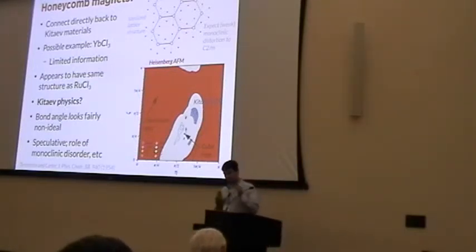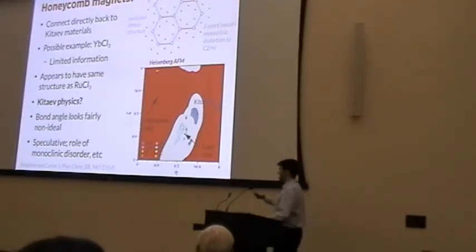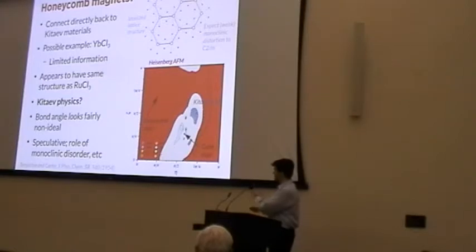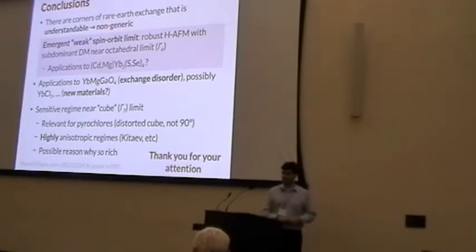The Kitaev coupling is an order of magnitude or two higher than any of the others. It's unclear how realistic this is, but given that there's been very little study on these, it's still in the realm of possibility. Okay, so let me sort of wrap it up there.